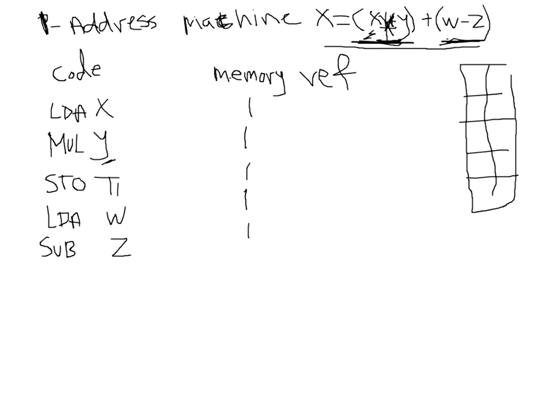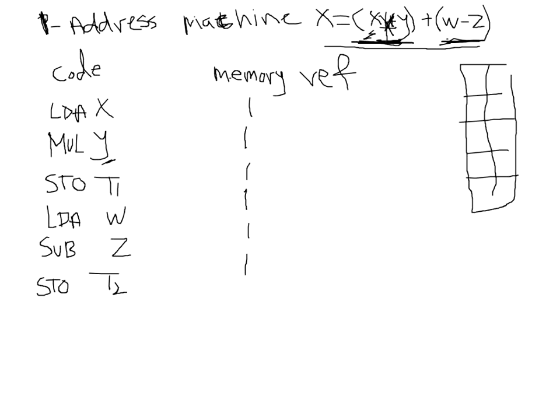Now we need to store the result. So we use the command store, and let's call it T1. So we store it in a variable called T1, and again we access the memory once to have the value stored in T1 in the memory. Now what do we need to do?